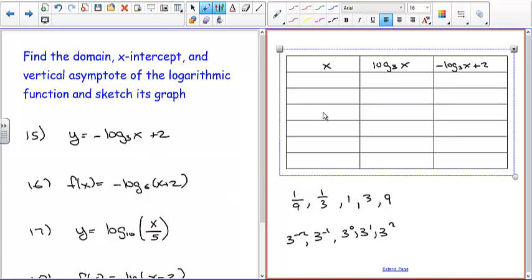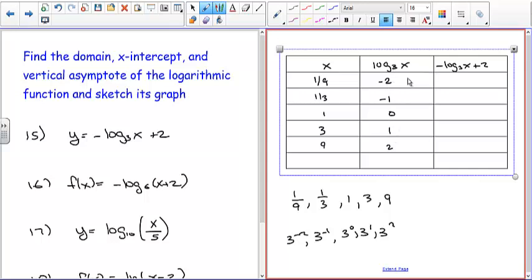So let's start with 1 here in the middle. When x equals 1, log base 3 of x is 0. These are the exponents. The log base 3 of the thing is the exponent to give me these x values. So I have 1/9, 1/3, 3, 9. The log base 3 of 1/3 is -1, because 3 to the -1 power equals 1/3. This is -2. This is +1, +2.